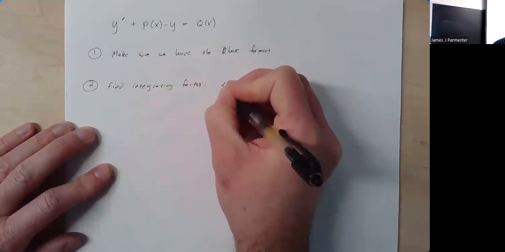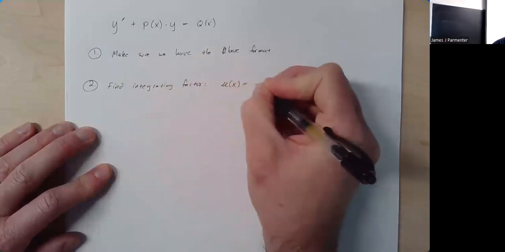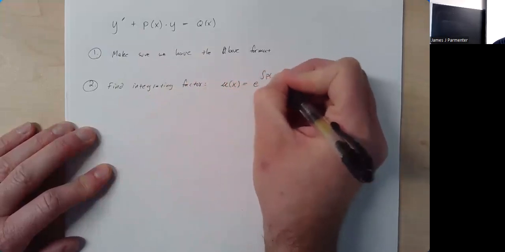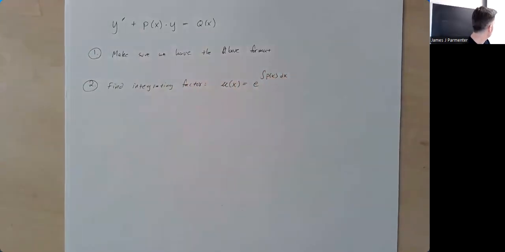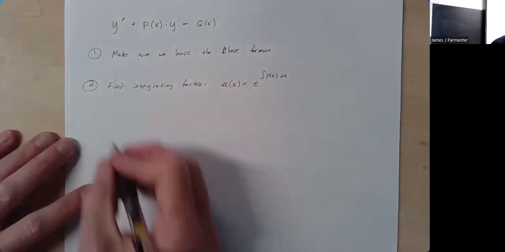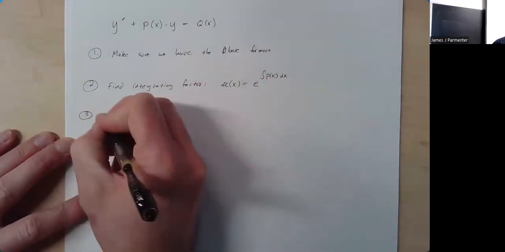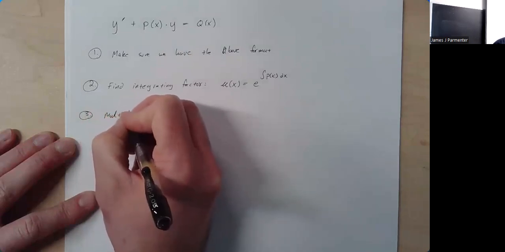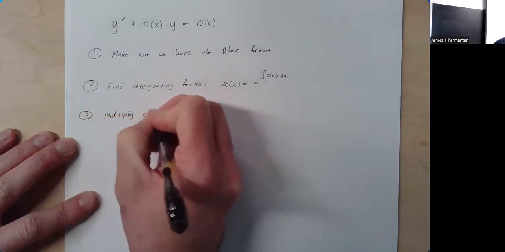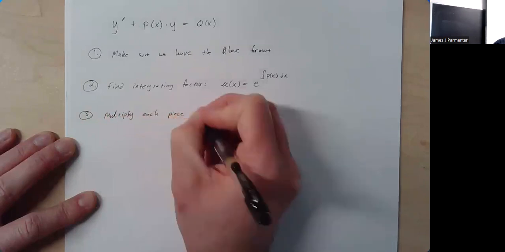It's going to be mu of x equal to e to the integral of p of x dx. And then multiply both sides by this integrating factor. Or rather, multiply each piece by this integrating factor.